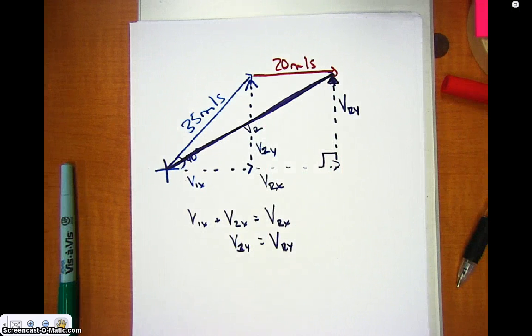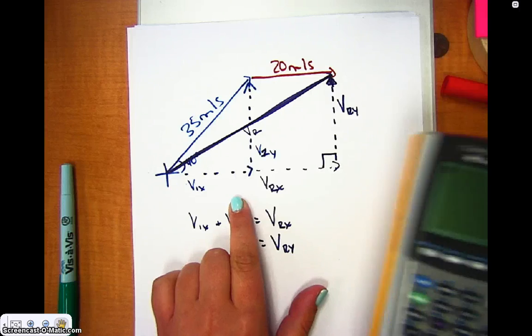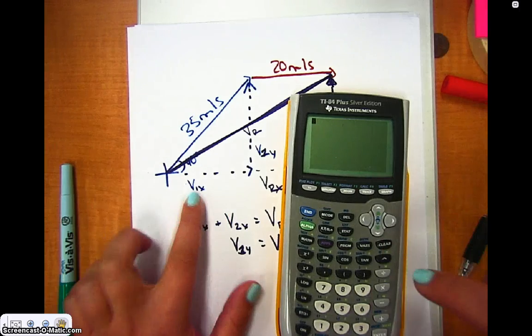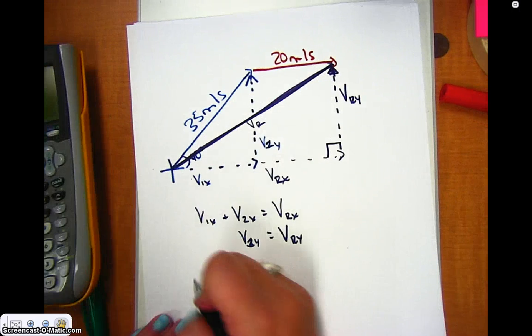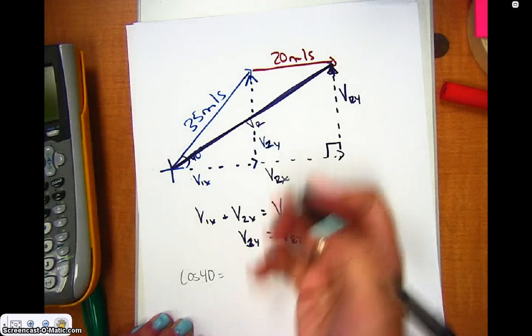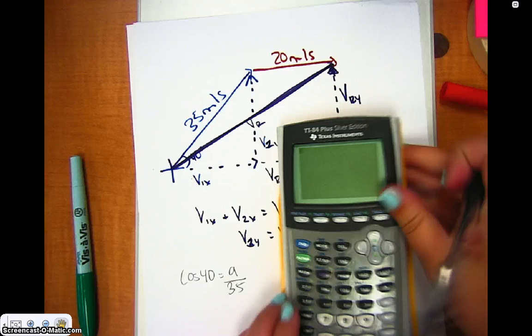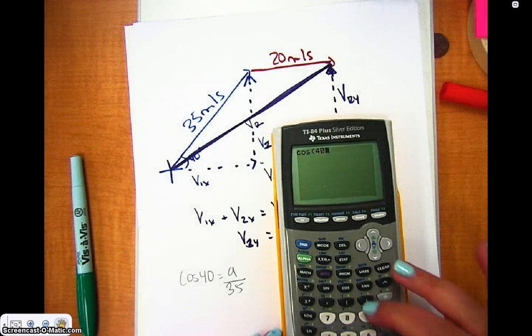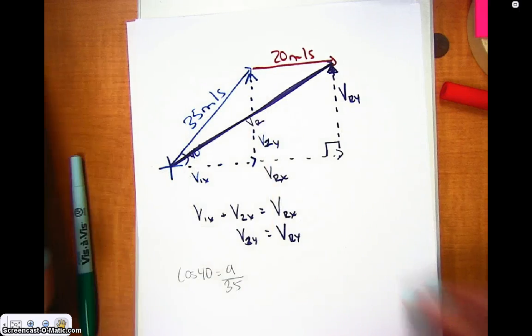So let's go ahead and do that. In order to find the x and the y component, I'm going to use cosine. Let me write it all out: the cosine of 40 is equal to adjacent over 35, my hypotenuse. So the cosine of 40 times 35, and I get 26.8.